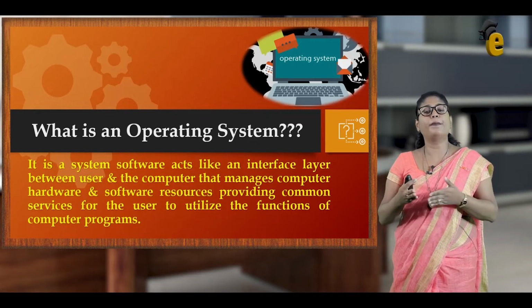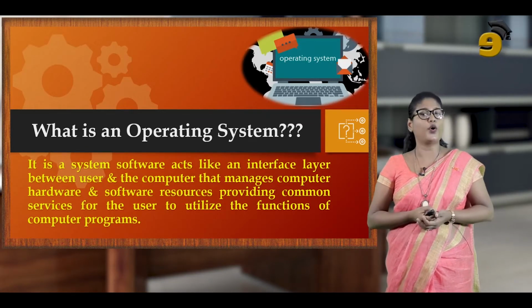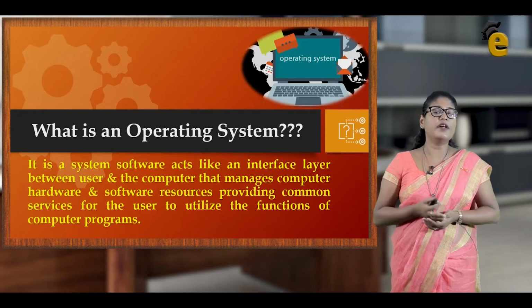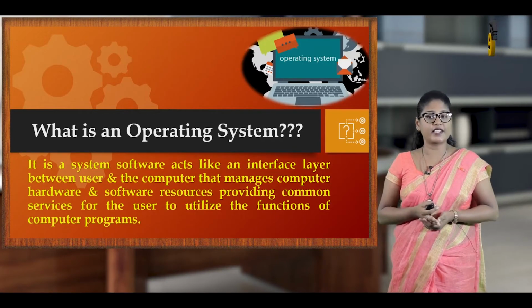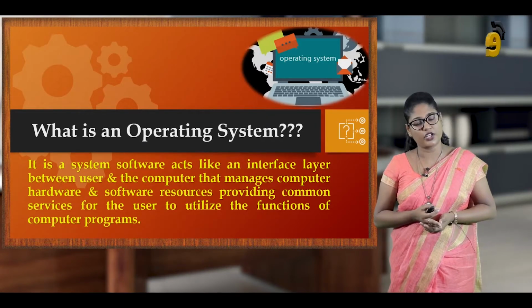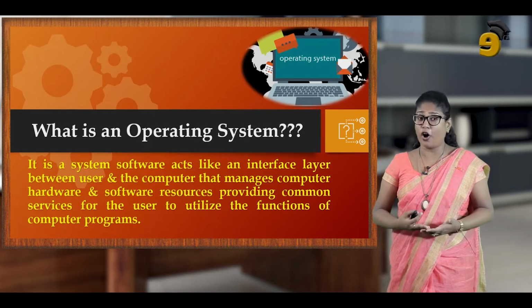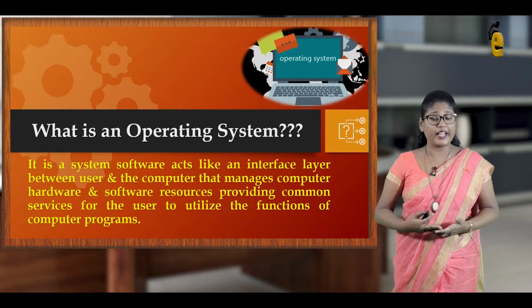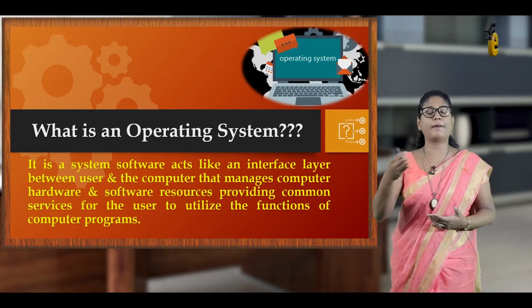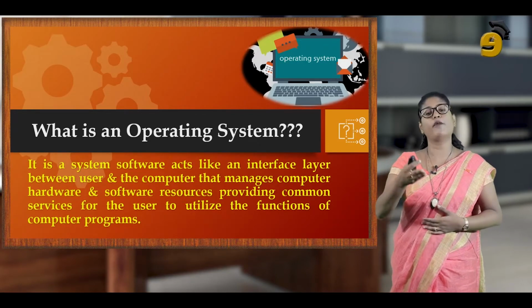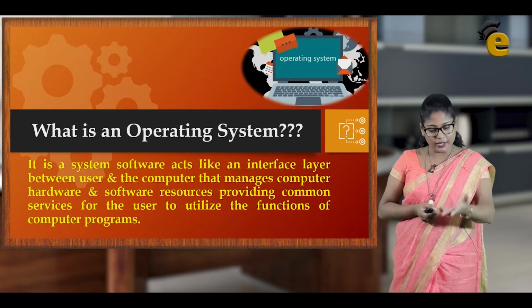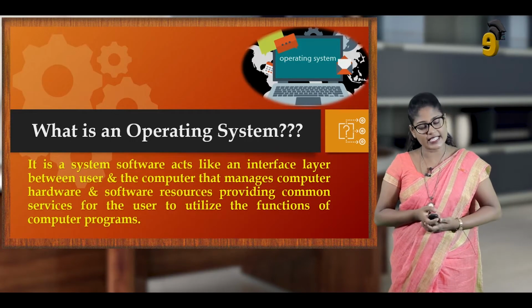To make it function properly, we need the OS. It provides common services for the user to utilize the functions of computer programs. Utility programs are mainly things like antivirus guard, disk formatting and partitioning, and everything that comes with utility programs, which we will talk about in depth in the following slides.